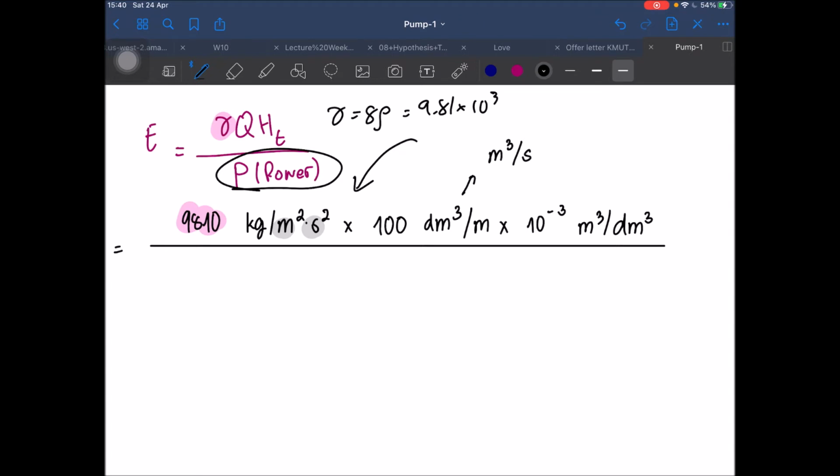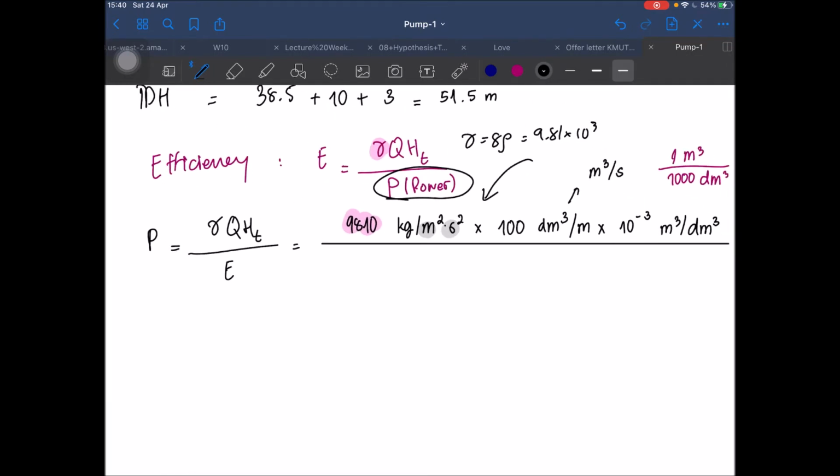Does this make any sense? So in 1 meter cube we have 1,000 decimeter cube here. Oh yeah, I'm right. So then this is not enough.